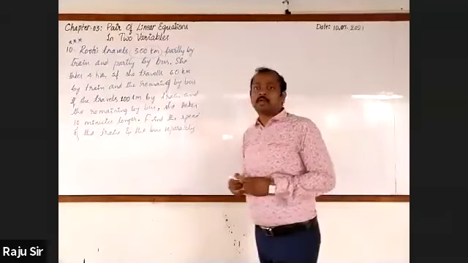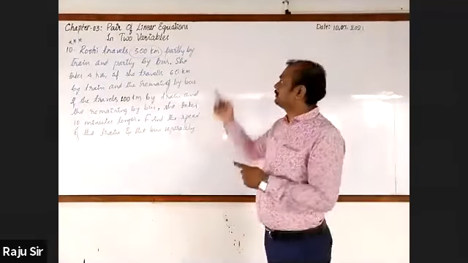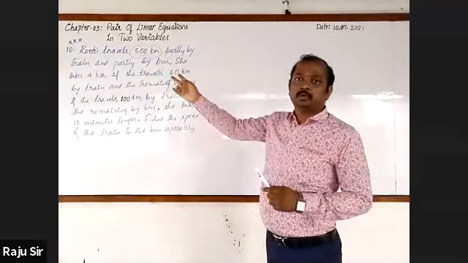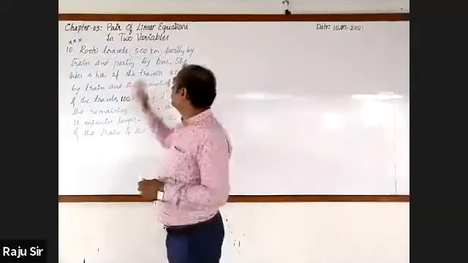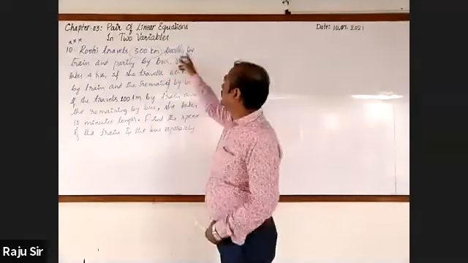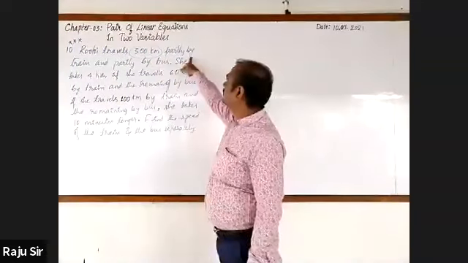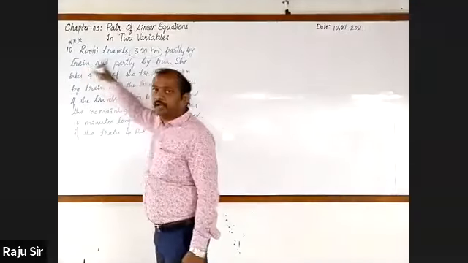For covering this 300 kilometers, she uses two modes of transportation. One is train, the second one is bus. She covers 300 kilometers partly by train and partly by bus.